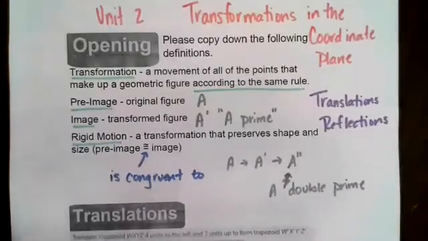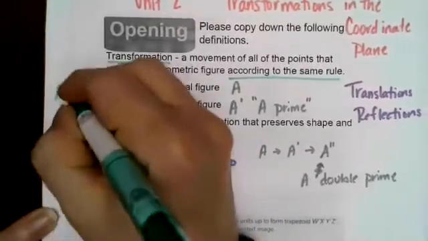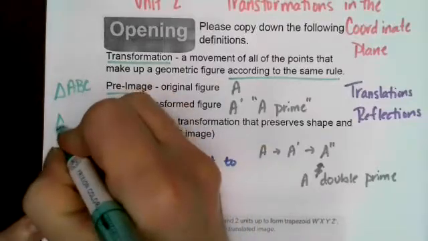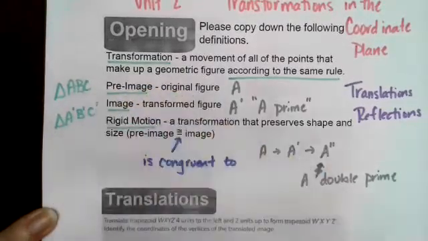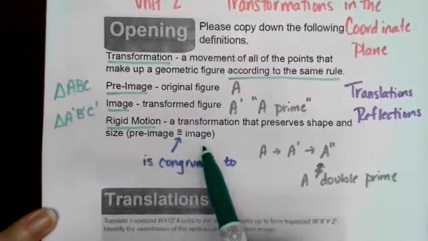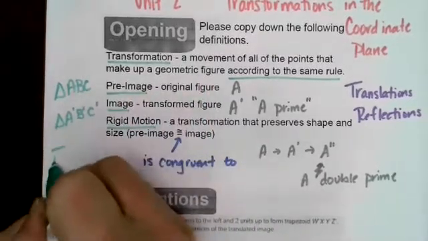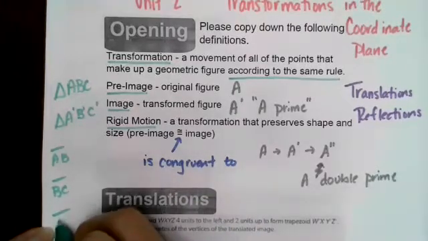So if I have a triangle, let's say triangle ABC, and I do some transformation, I'll call it triangle A prime, B prime, C prime. And since my pre-image is congruent to my image, I have 3 sides of my triangle: side AB, side BC, and side AC.